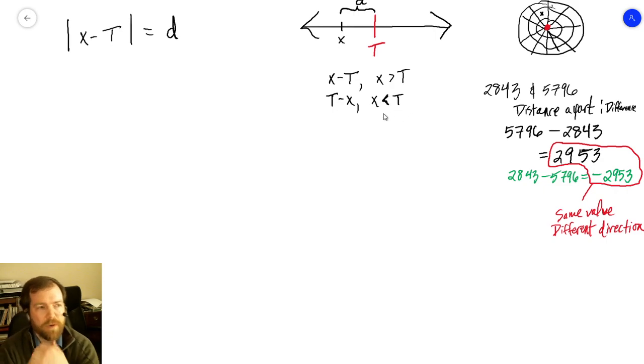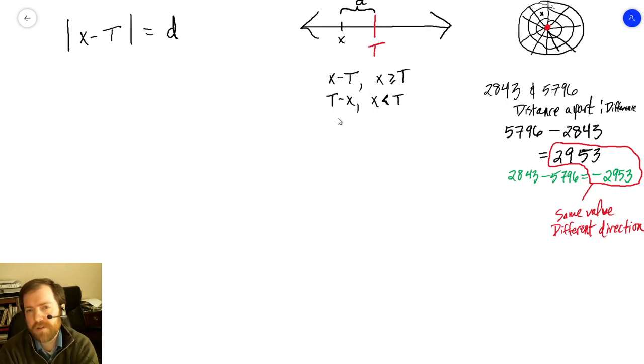All right, what about when they're equal? Okay, so if they're equal, then you end up getting a 0 no matter which one you use. So it's kind of arbitrary which one you choose to put the equality sign on, but I generally speaking will put it on the one where x is greater than t, or x minus t as a term is going to be greater than 0.